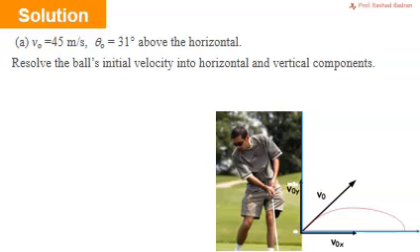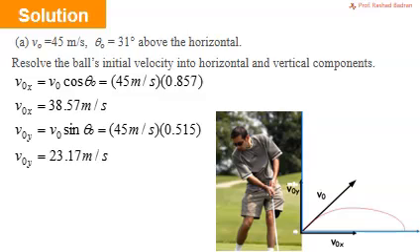The velocity in its trajectory has two components, one along the x-axis and one along the y-axis. So we have to obtain this information by substituting these values into the relation of x component, that is v naught cosine theta naught.